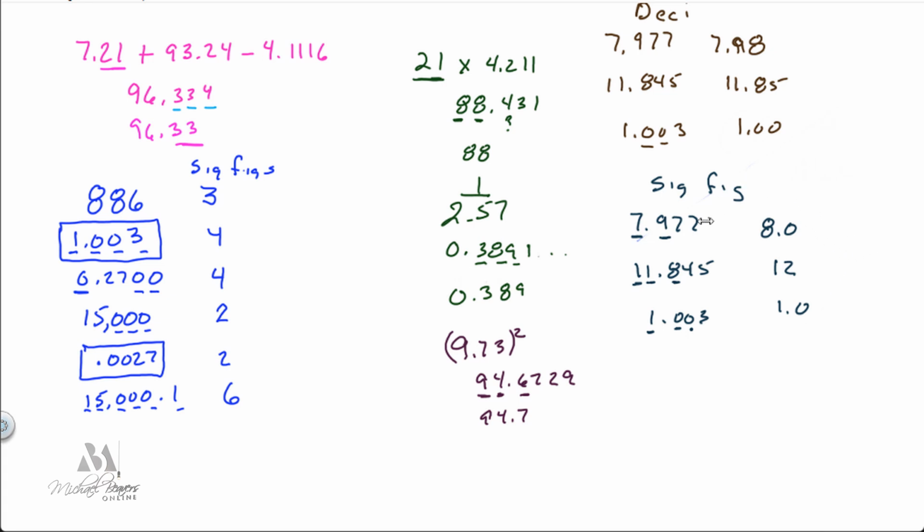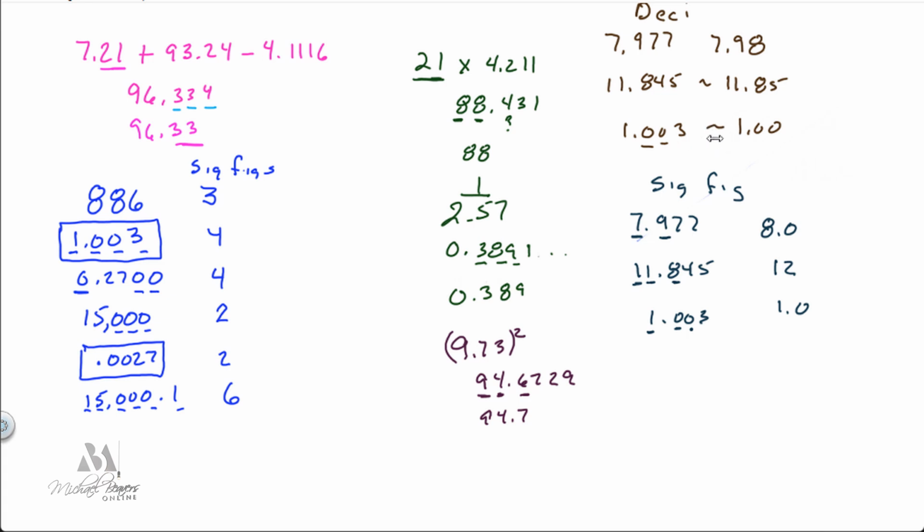Now you'll notice on both of these that the number is really close to the original, where we had 7.977. Looks like we've got 7.98 up there. So those numbers are approximately equal. 11.845 is approximately equal to 11.85.